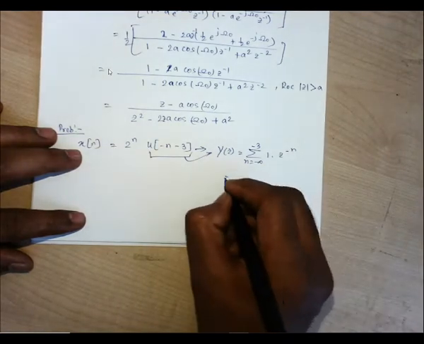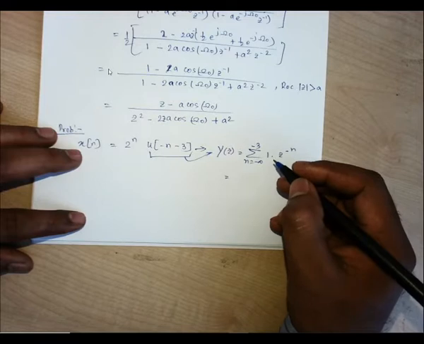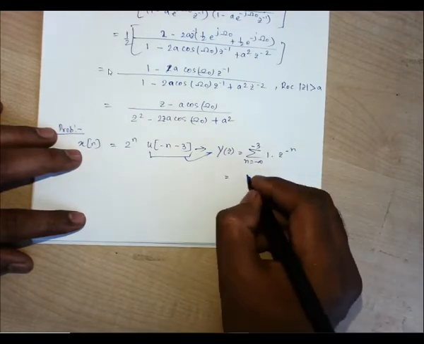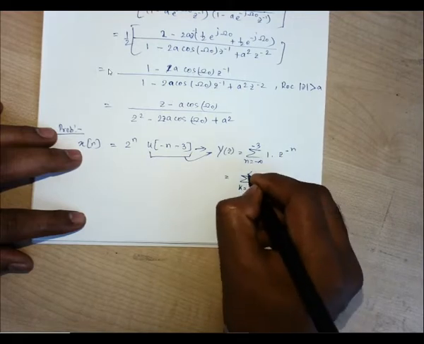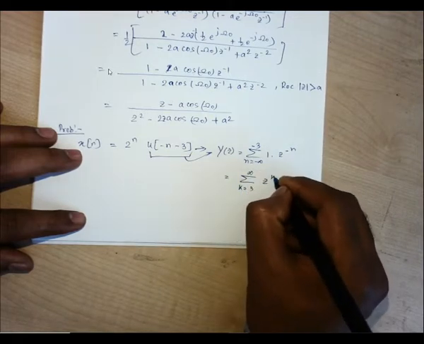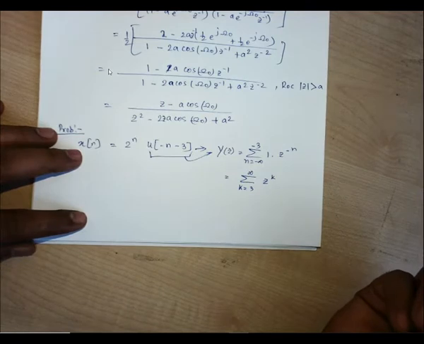So we can change the limit. Let us consider it is starting from k equals 3 to infinity, so that will become z to the power k.